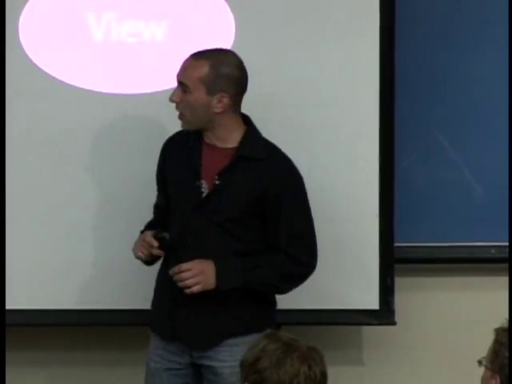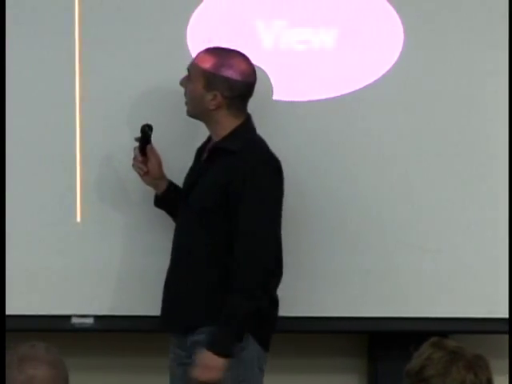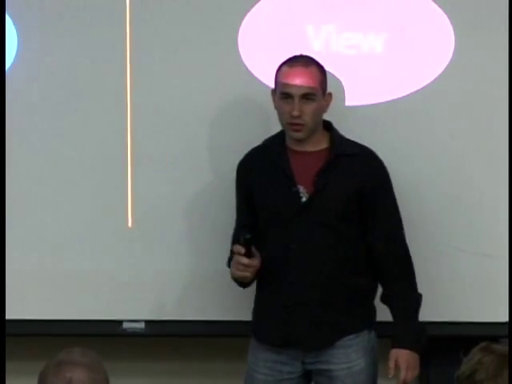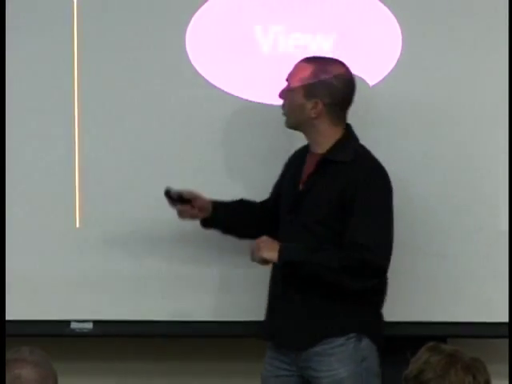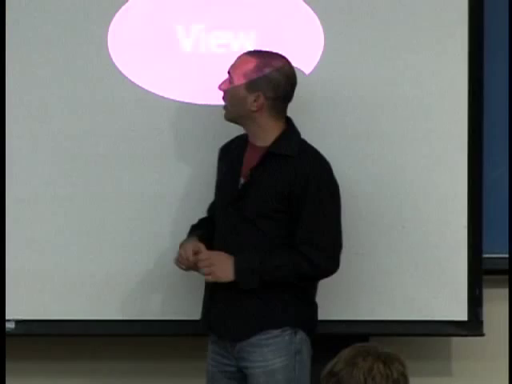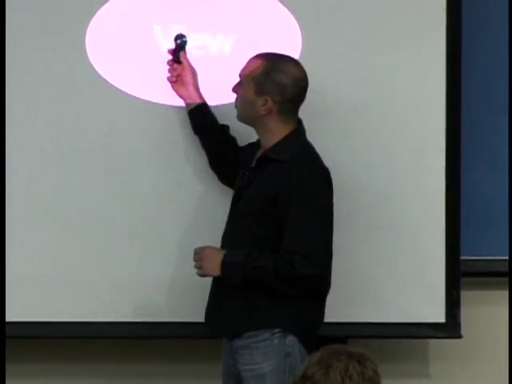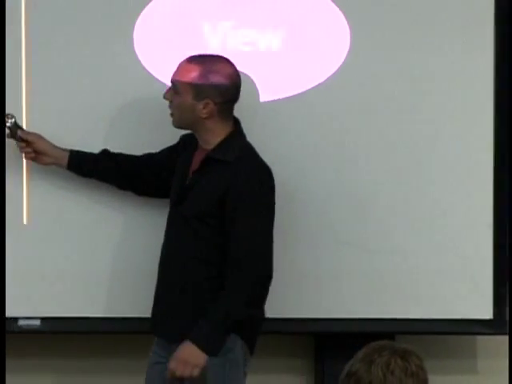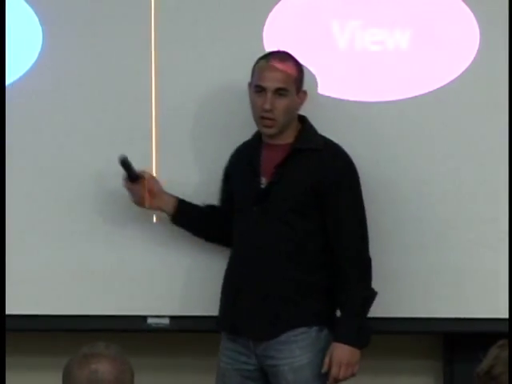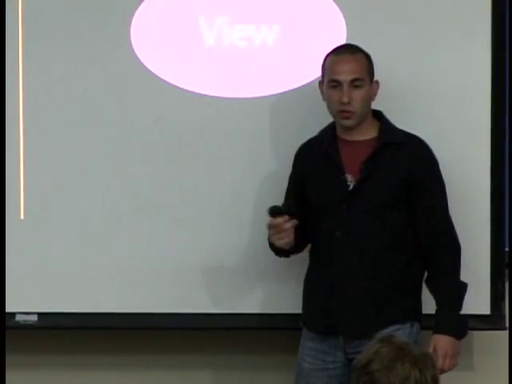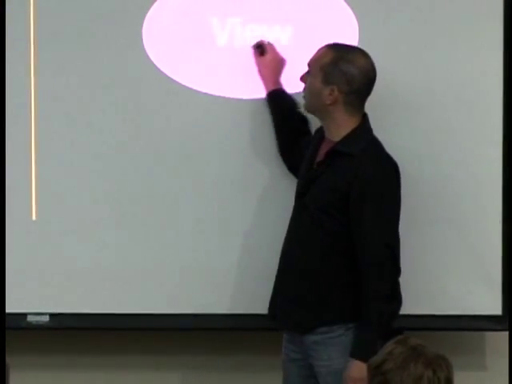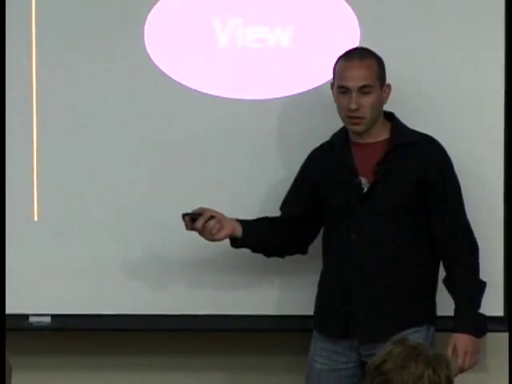Okay, so the question is, if your controller handles decrease, for example, let me try and explain this. If your controller handles decrease and it receives that message via a button event, it knows how to respond to the button event and it knows how to change the data on the model. If you wanted to respond to a slider that knows how to increase and decrease, that's a different method, right?